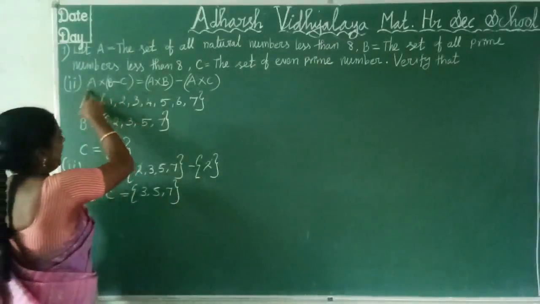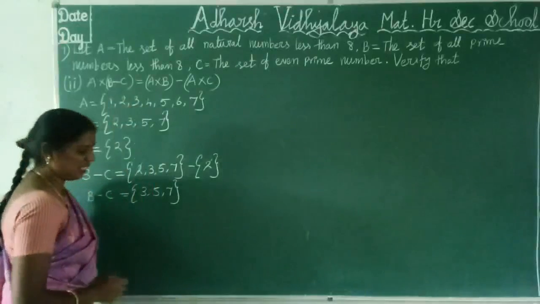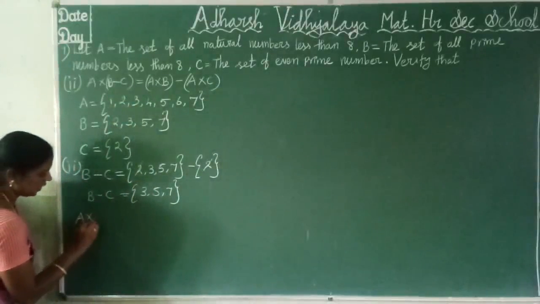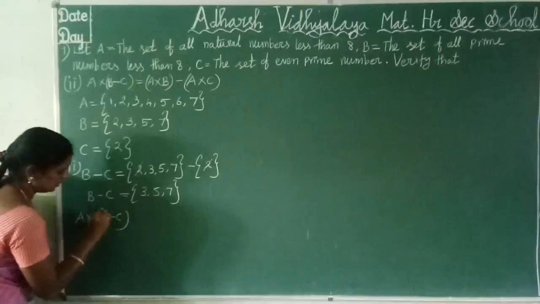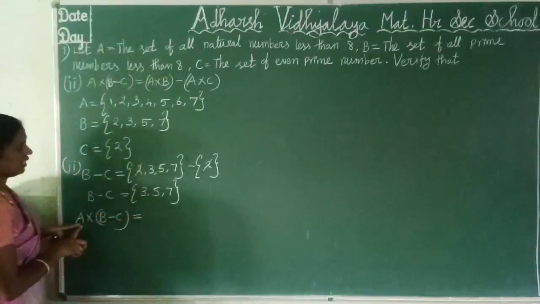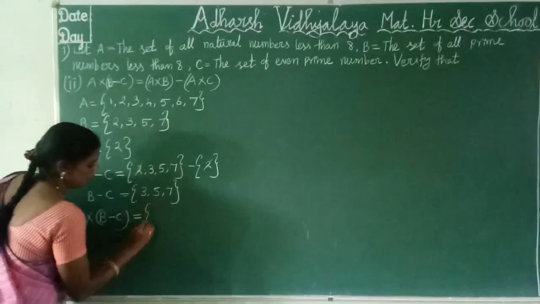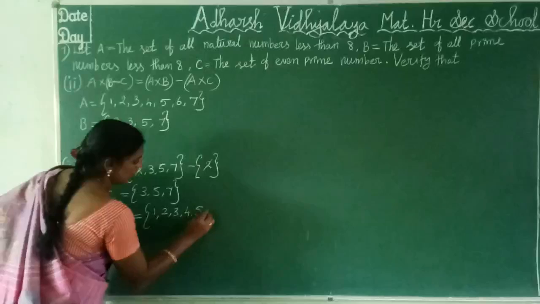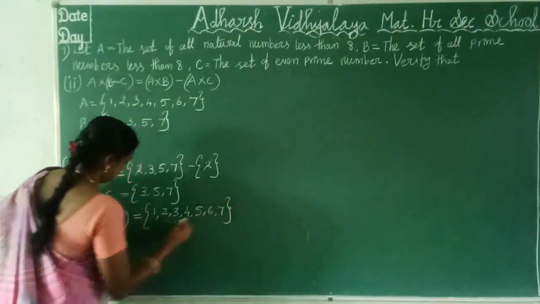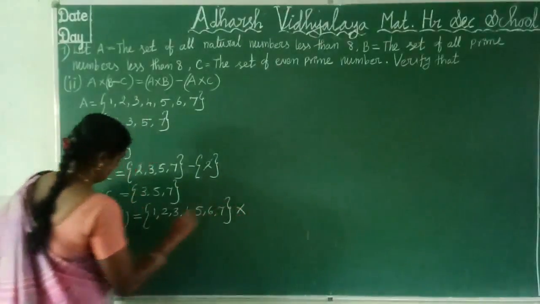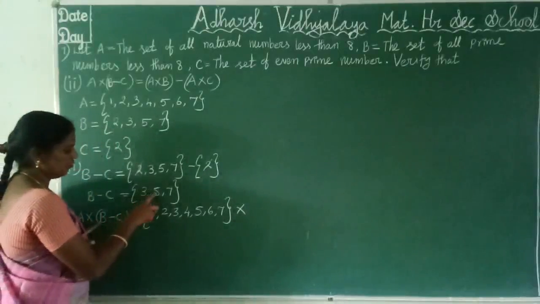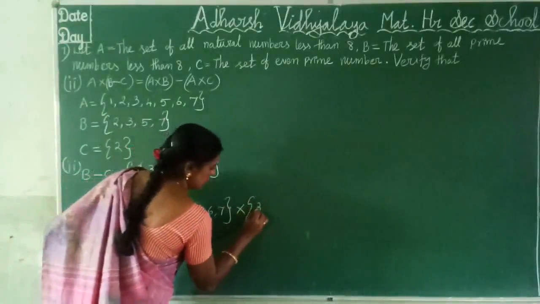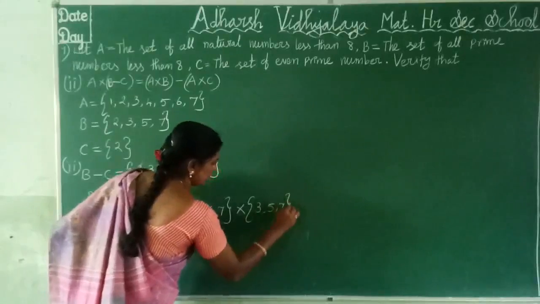Next, let us say A cross B difference C. A cross B difference C is equal to, what are the A elements? 1, 2, 3, 4, 5, 6, 7, cross B difference C, which is 3, 5, 7.